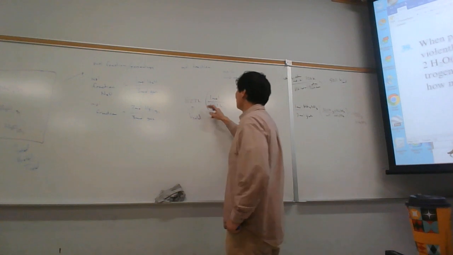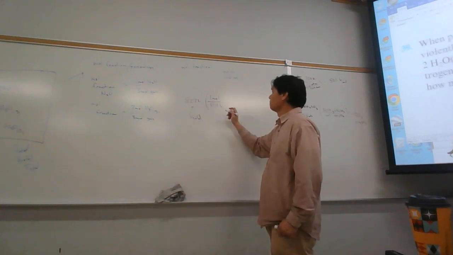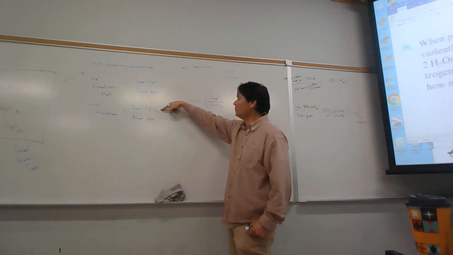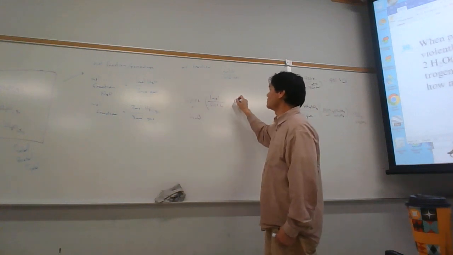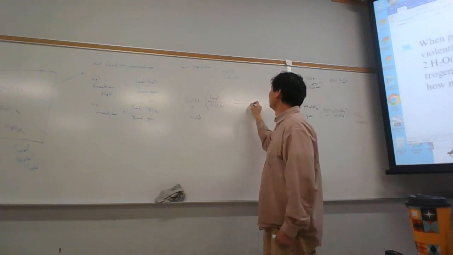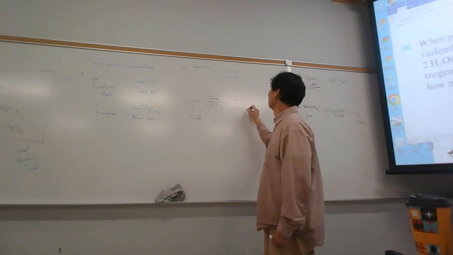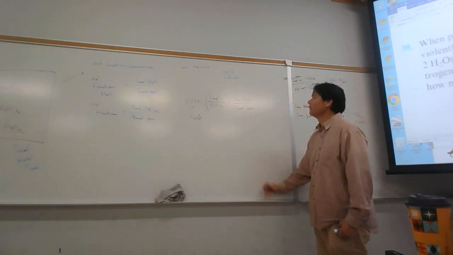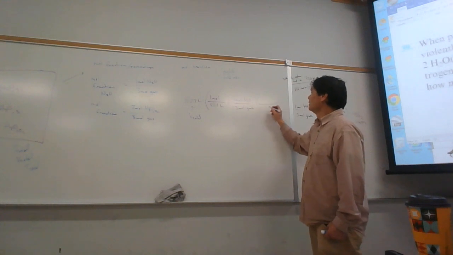And so this gives us the total moles of gas. And then we can convert it either into nitrous oxide or water. We'll go with nitrous oxide, perhaps. So we'll go 1 mole of nitrous oxide for every 3 moles of total gas. And so 1 out of the 3 moles is nitrous oxide. And then we'll convert that into ammonium nitrate.